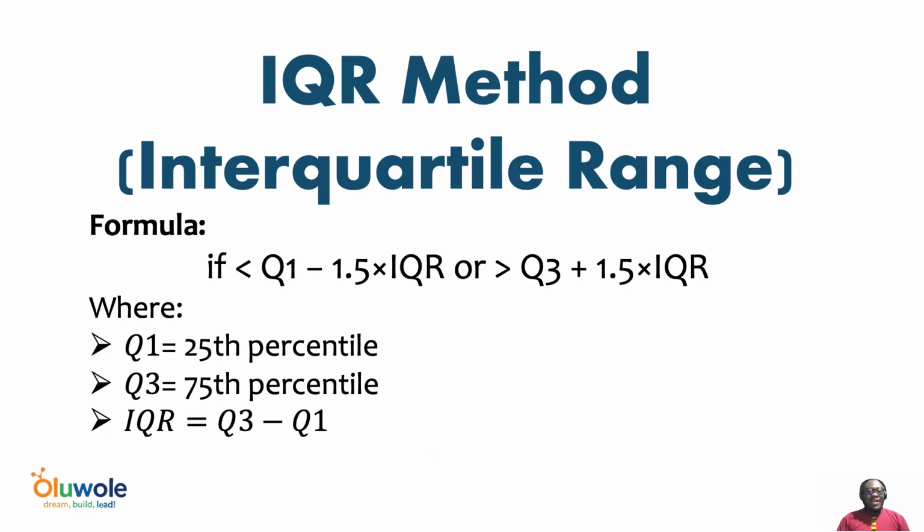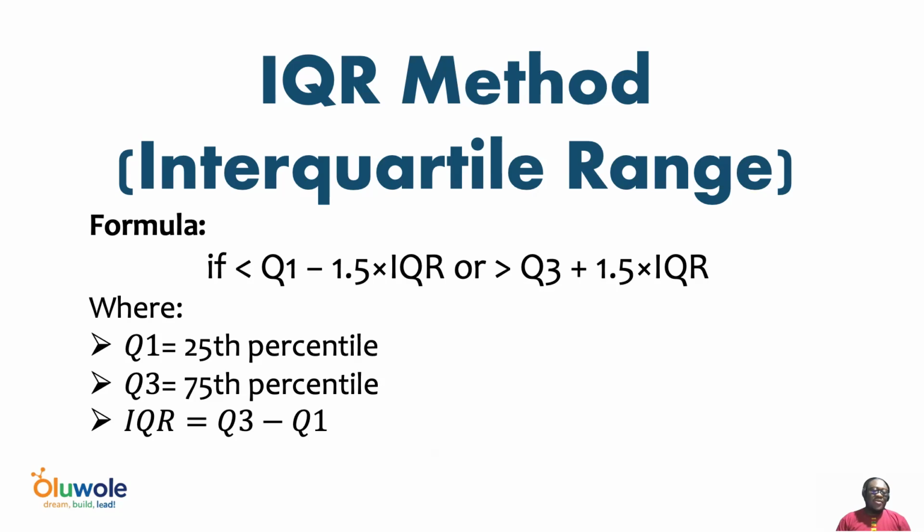Anytime you want to know that there's an outlier, this is the formula. The first one, for being low, is when you have your first quartile minus 1.5 times your IQR. Or it's high when you have your third quartile plus 1.5 times IQR. So all these are just statistical thresholds.